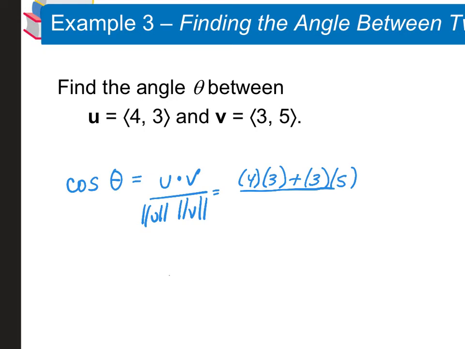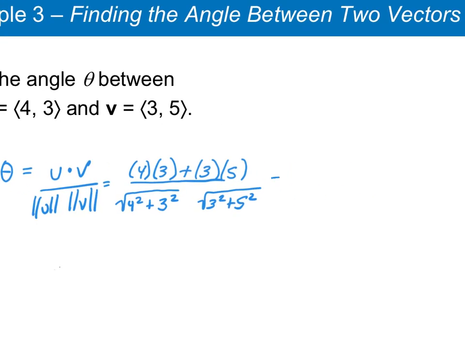It's the magnitude of U times the magnitude of V. So the magnitude of U, how do we find that? Well, we're going to say 4 squared plus 3 squared, right? Under the square root. And then the magnitude of V. I'm going to multiply this by 3 squared plus 5 squared. Take the square root. Questions?